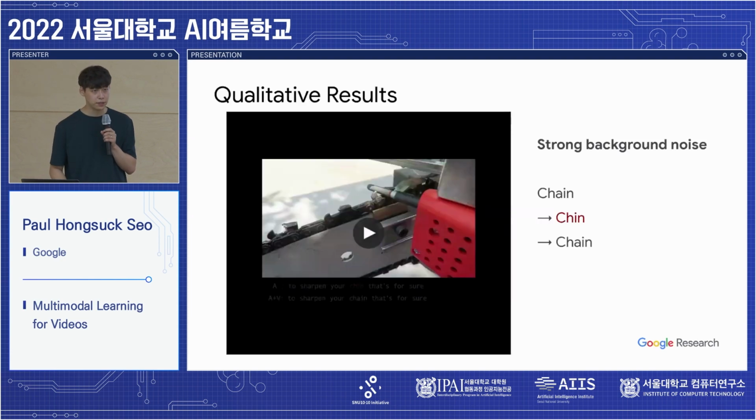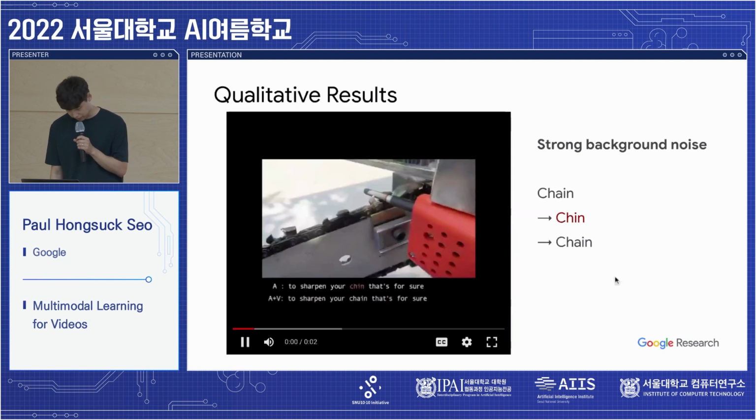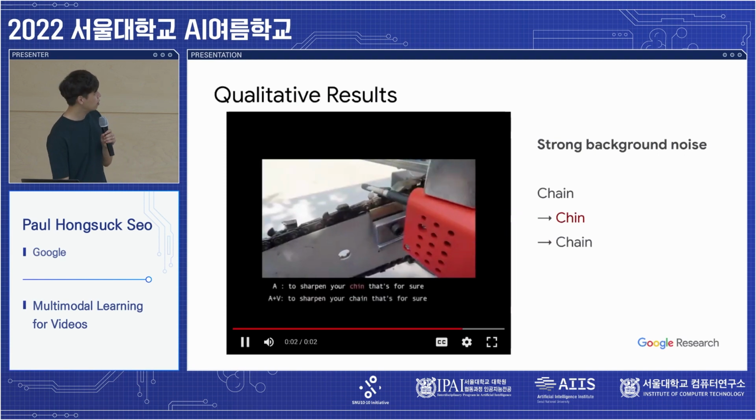This video contains strong background noise, and the audio-only model fails to correctly recognize chain, and instead outputs chin. But our audio-visual model correctly recognizes it as chain. You can hear, to sharpen your chin, that's for sure.